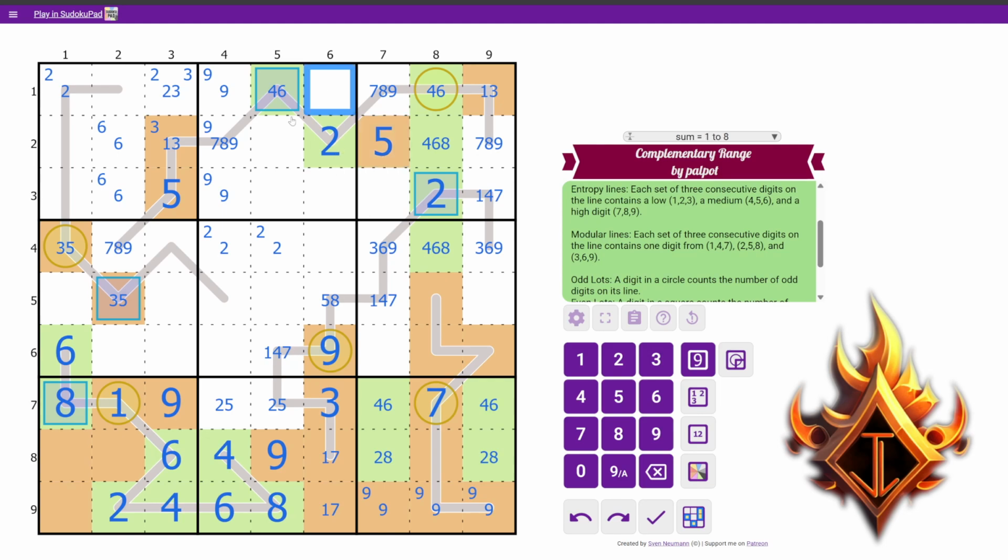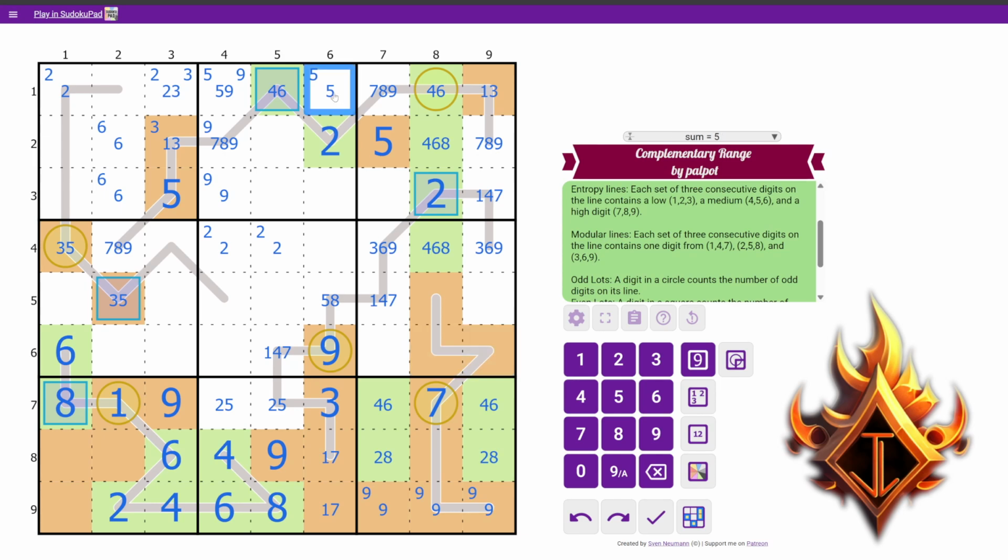And now a 5 will go here or here, horizontally. If a 5 goes here, a 5 goes here, and then a 5 would go in one of those. That's okay.